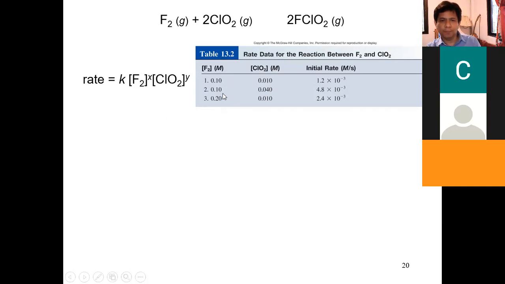Tapos, ito yung gagamitin natin. Basically, ang mangyayari dito kasi pag constant yung F2, magka-cancel out yung F2 to the X pag dinivide natin yung equation 1 sa equation 2. So, pag nag-cancel out, we can solve for Y. Ganun lang naman. So, let me annotate this.